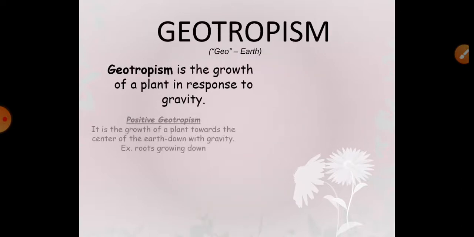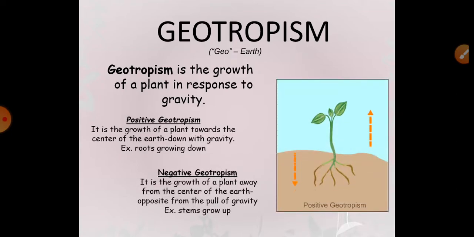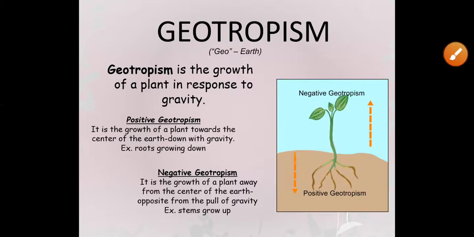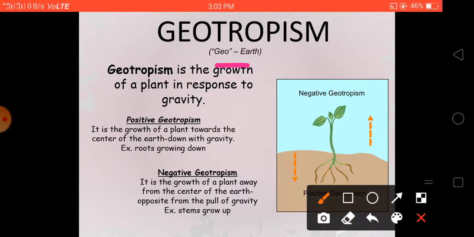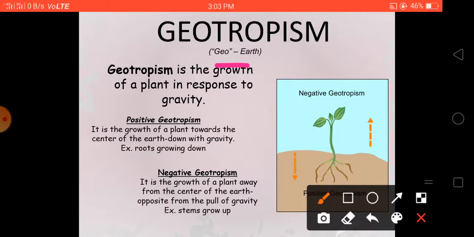The second one is geotropism. Geotropism means the movement of a plant in response to gravity. The word geo means earth. So the response is shown to gravity.